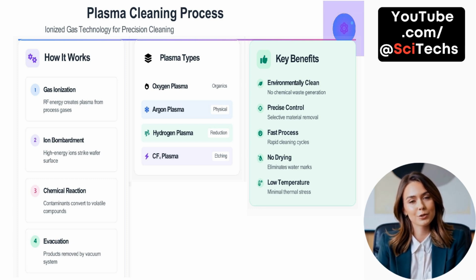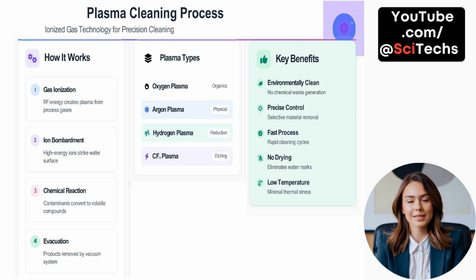The process continues with chemical reactions, where contaminants interact with reactive species in the plasma, forming volatile compounds. Finally, these reaction products are evacuated using a vacuum system, leaving behind a clean, dry surface. There are several plasma types for various applications.